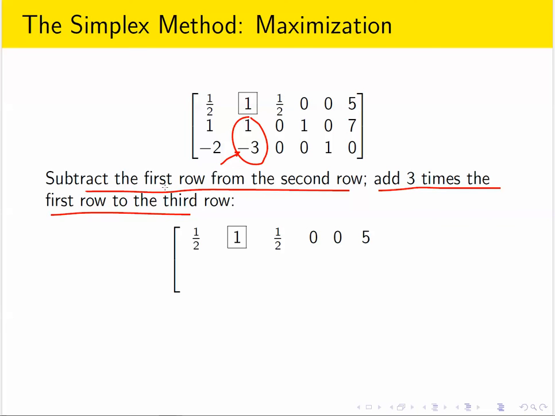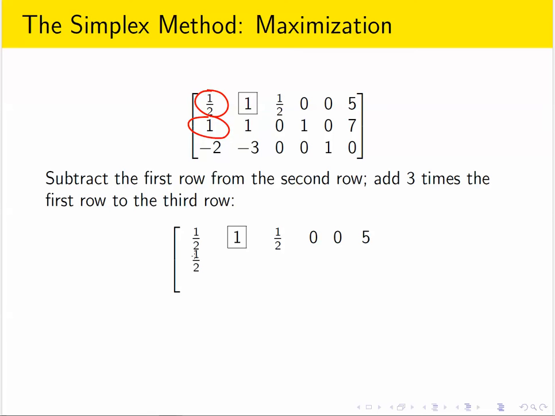Let's begin with just modifying the second row. So I'm going to subtract the first row from the second row. 1 minus 1/2 gives me 1/2. 1 minus 1 gives me 0. 0 minus 1/2 gives me negative 1/2. 1 minus 0 gives me 1. 0 minus 0 gives me 0.